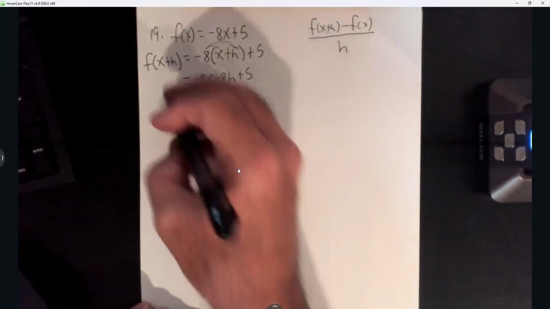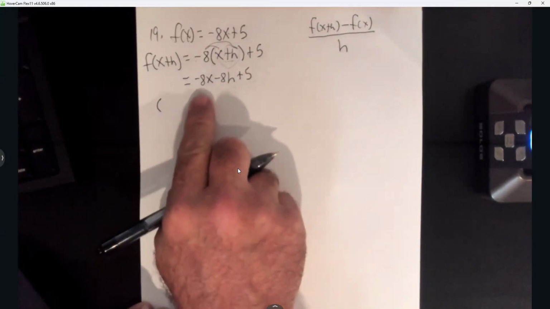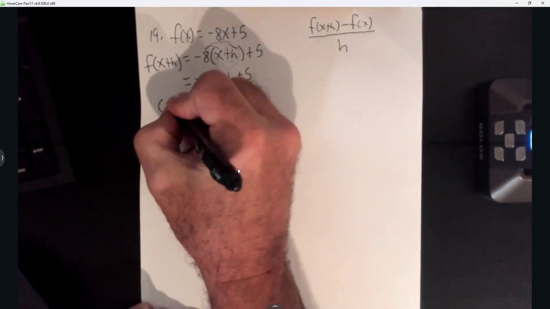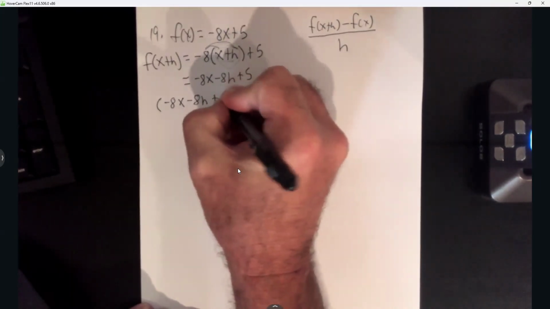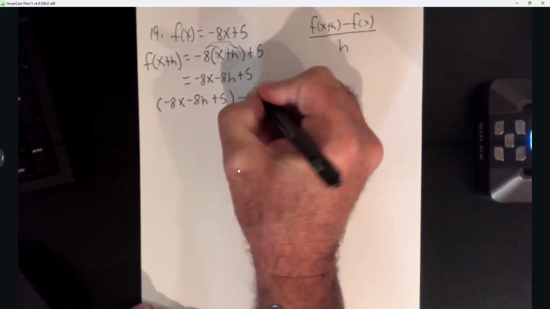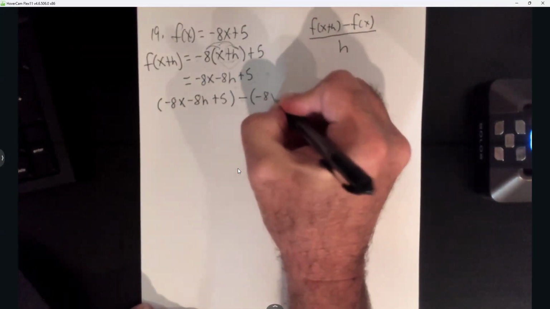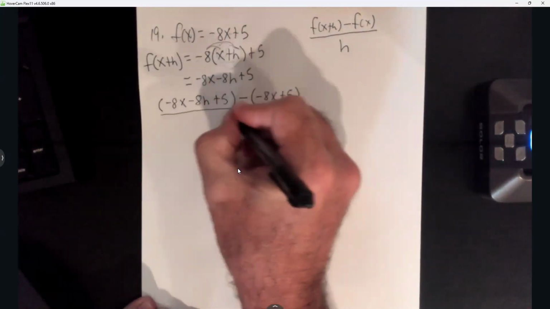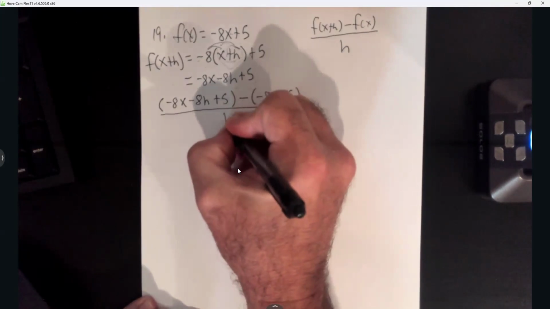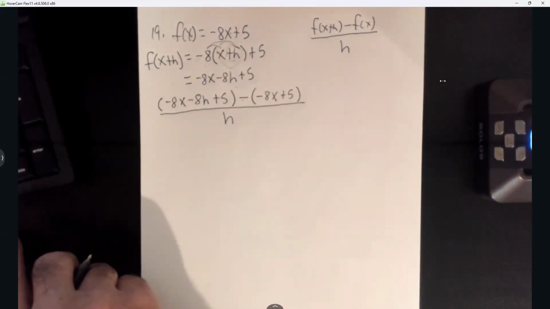Now, my first step, when I plug them in, I put them in parentheses. So here's my f of x plus h minus f of x, which is -8x plus 5. All of that is over h. And it's always h in the bottom of the formula, okay?